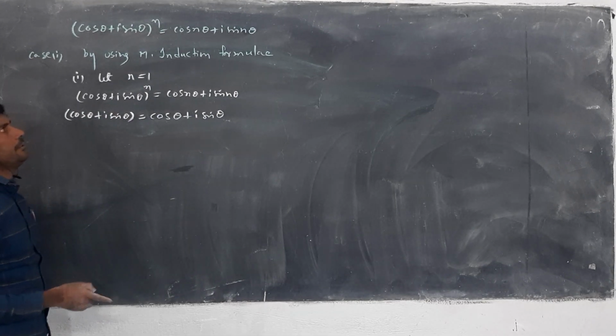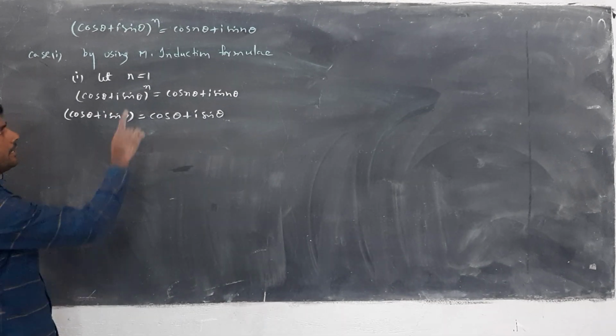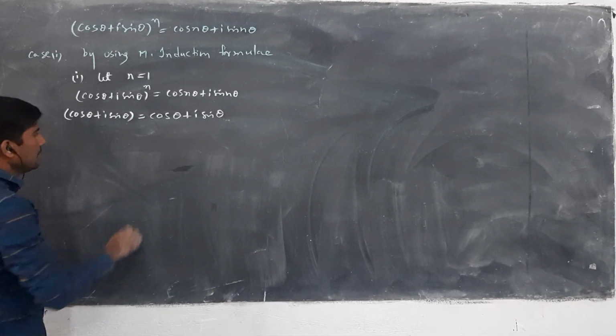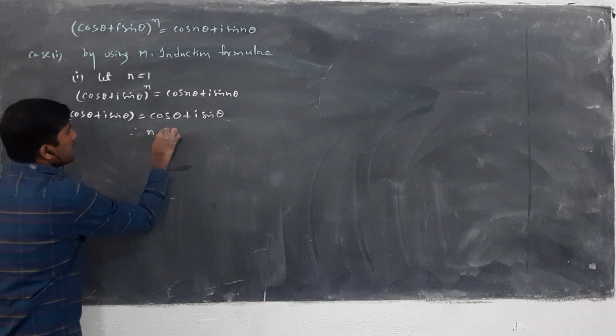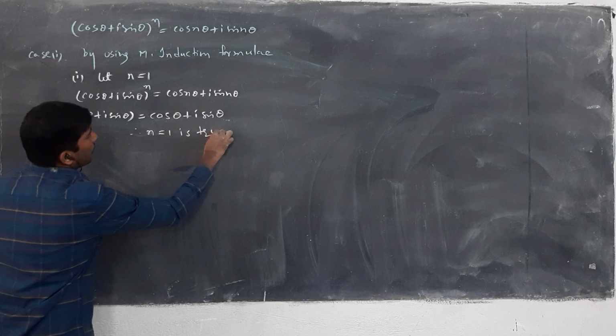So the statement is true for n is equal to 1. Therefore n is equal to 1 is true.